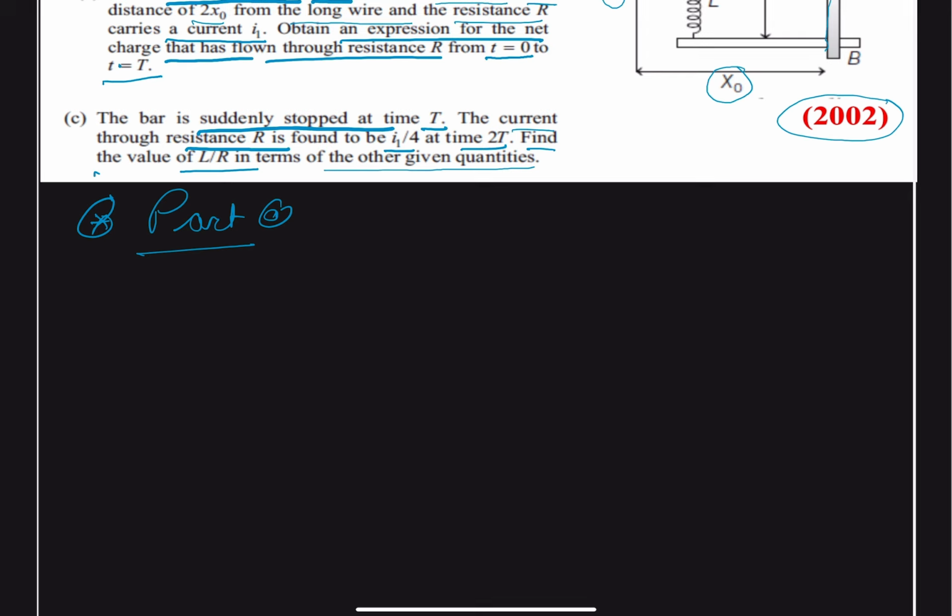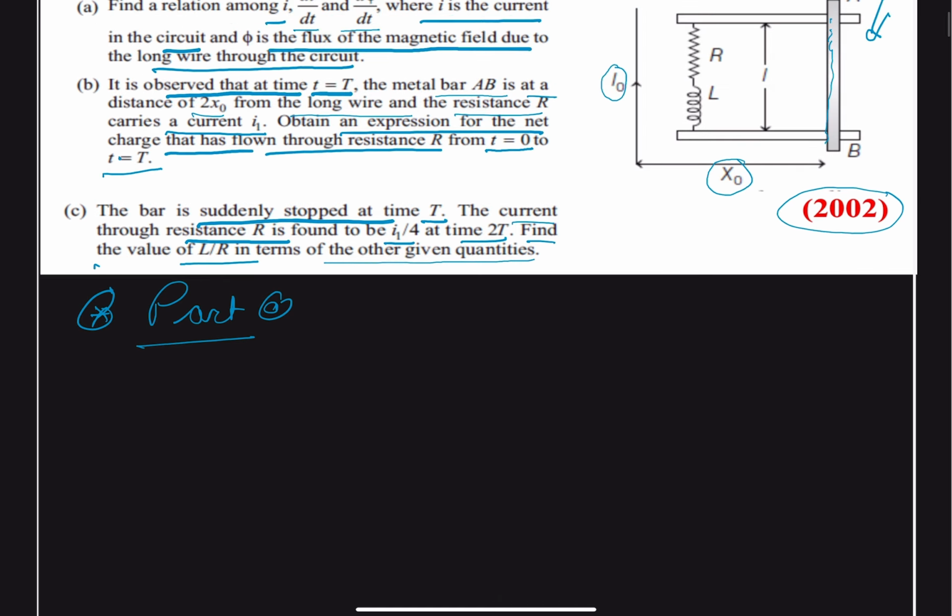It is given that the metal bar AB slides on the two parallel rails in the presence of magnetic field due to this current carrying conductor. This current carrying conductor will generate a magnetic field, let us suppose that is B, and because of that this bar AB is going to slide.